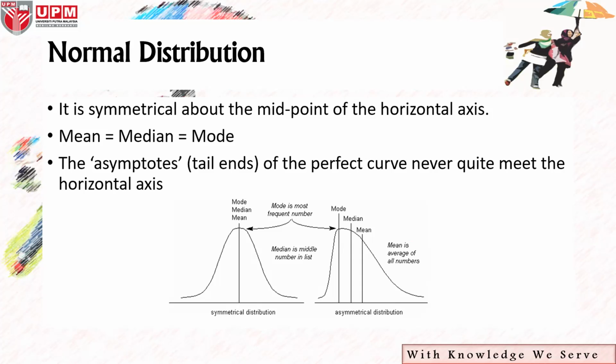Kita ada dua-dua pilihan. Maksudnya kalau data normal kita boleh guna sama ada parametric or non-parametric statistic. But if our data are not normal, we only have one option, which is we have to proceed with non-parametric analysis.